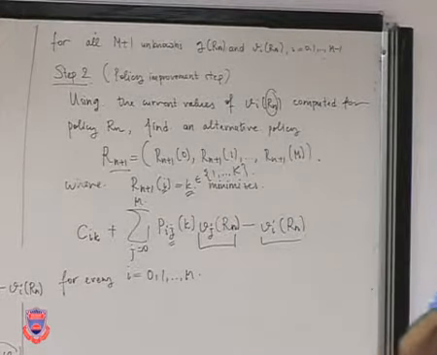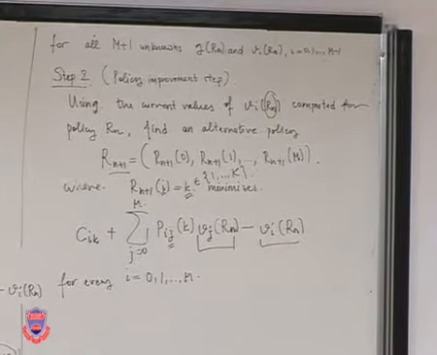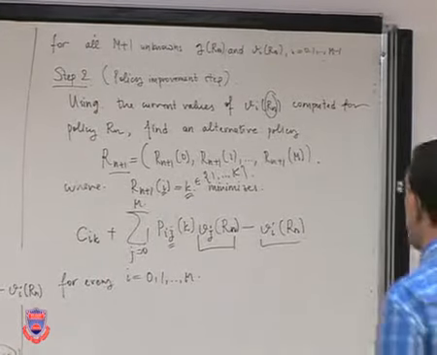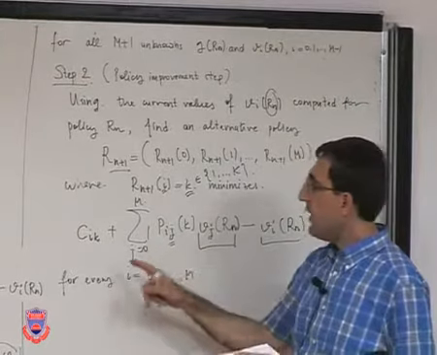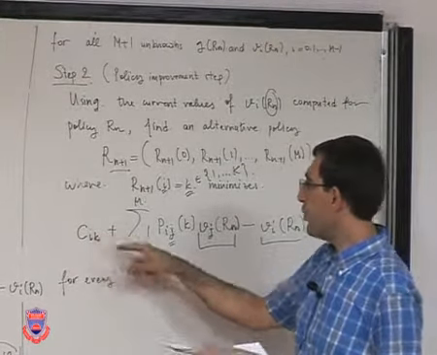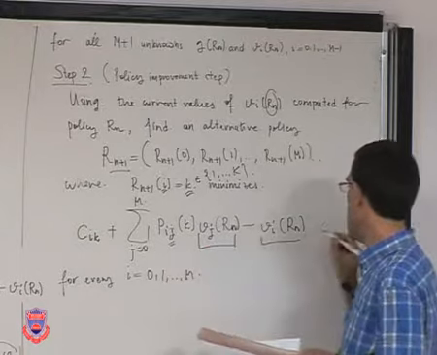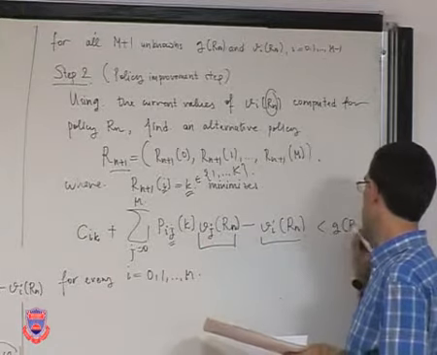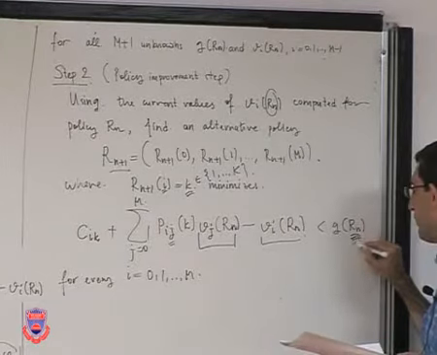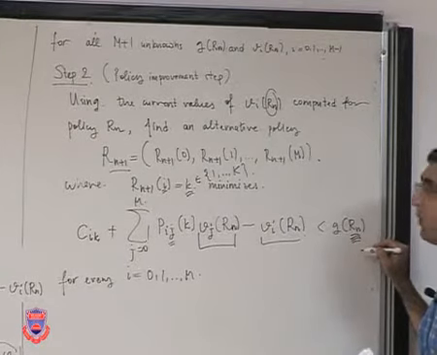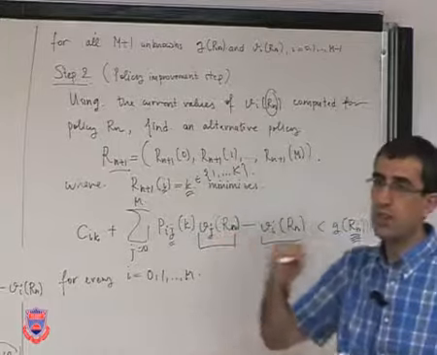It may be the same or even better. And if there is at least one case for which this quantity is strictly less than the long-run expected average cost per time unit for the existing policy, then we know that the new policy Rn plus 1 is strictly better.